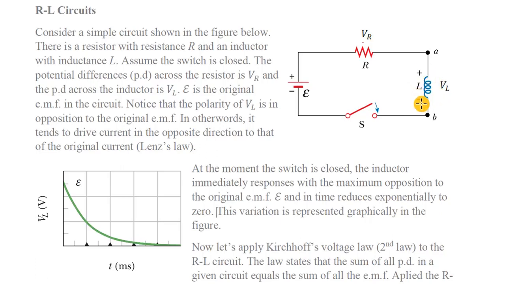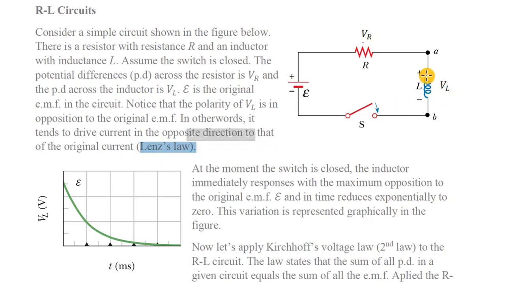How does it resist? We said that it resists by inducing a counter voltage. That's what we explained in the last video. It wants to impede what is causing that change. The direction of the induced voltage is explained by Lenz's law. You can go back and revise that.